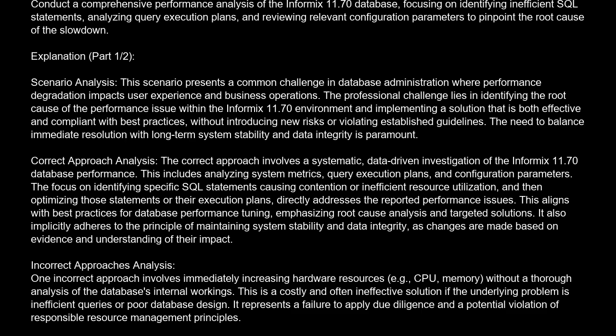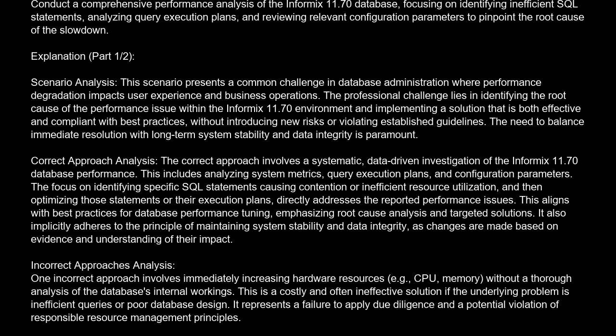This aligns with best practices for database performance tuning, emphasizing root cause analysis and targeted solutions. It also implicitly adheres to the principle of maintaining system stability and data integrity, as changes are made based on evidence and understanding of their impact.